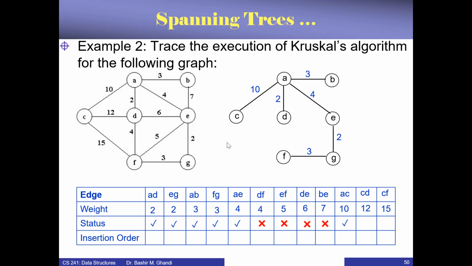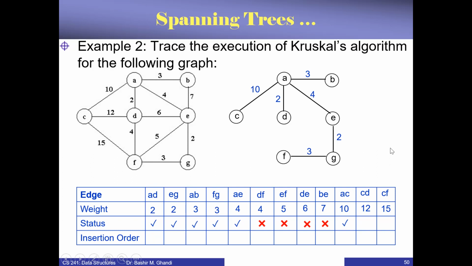Now at this point, our loop is going to stop. We don't have to worry about the remaining edges, basically CD and CF, because our graph is now connected. All vertices are connected. So at this point, the loop will terminate without even considering CD and CF.